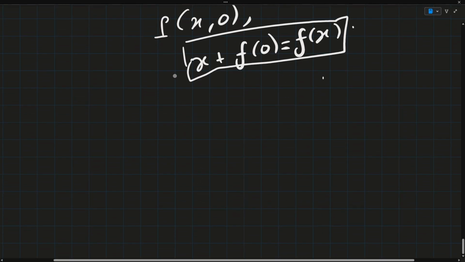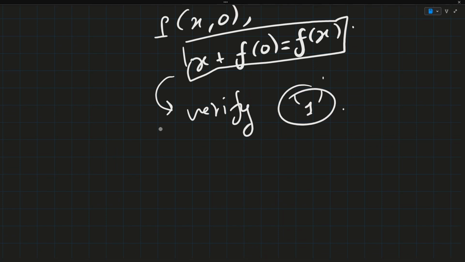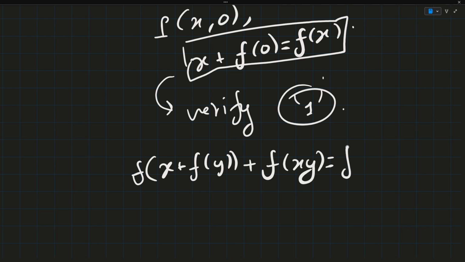And also, after you get the solution, you have to verify it, otherwise you risk losing 1 point. So to verify it, we can just write the original equation f(x) + f(y) + f(xy) = (f(x) + 1)(f(y) + 1) - 1. Then we put f(x) = x + f(0).